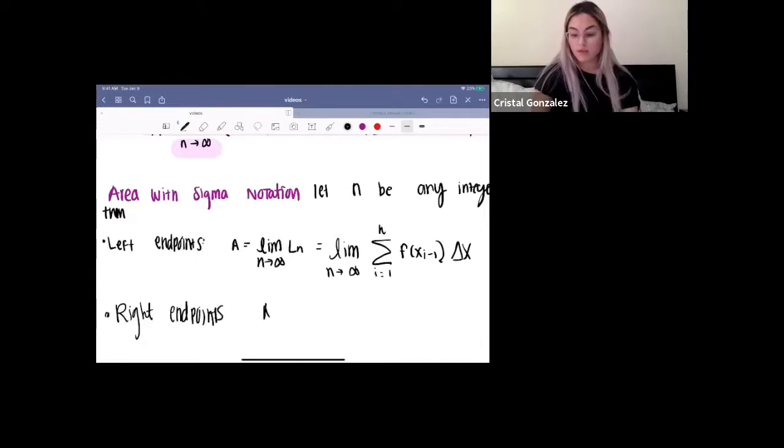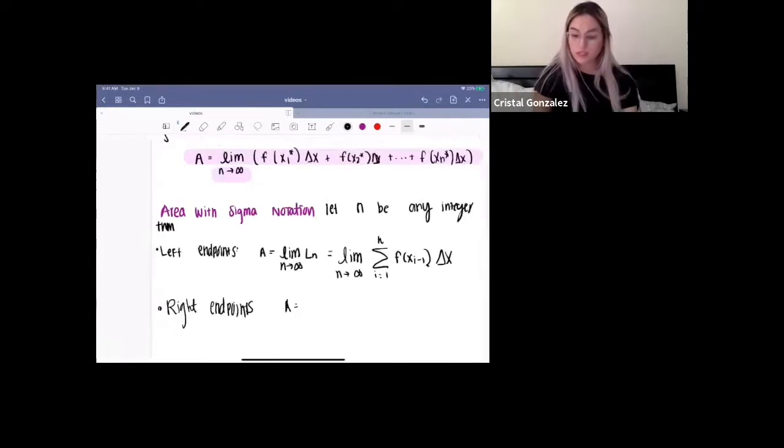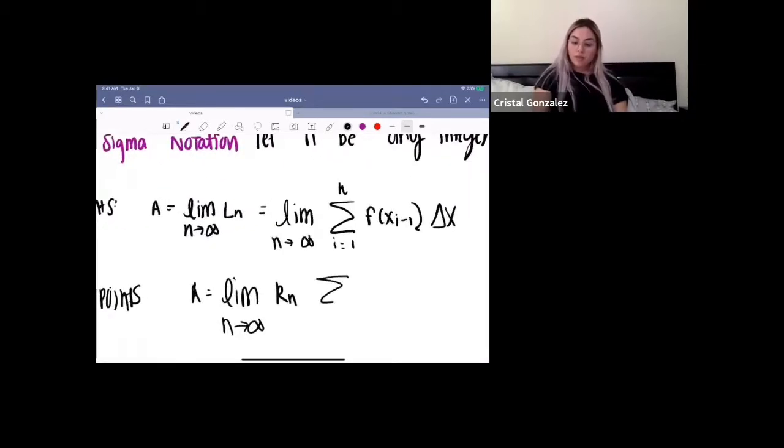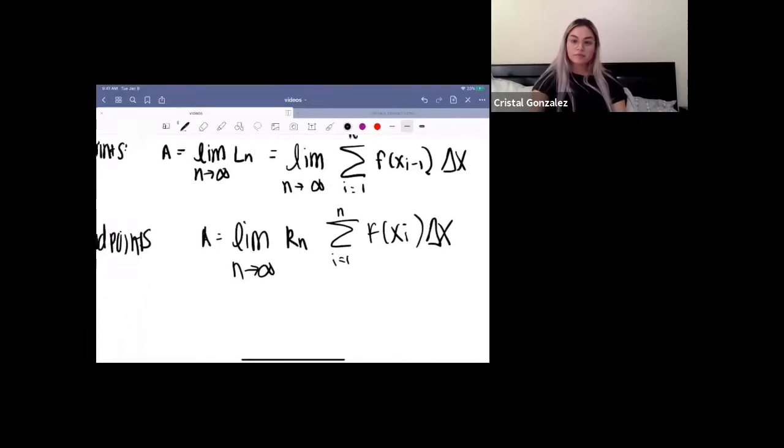For the right-hand sided limits, we'll basically get the same thing. It's the limit as n approaches infinity of R sub n, since we're dealing with the right-hand sided limits, and then we do the sum from i equals 1 to n of f of x sub i, not f of x sub i minus 1, times delta x.